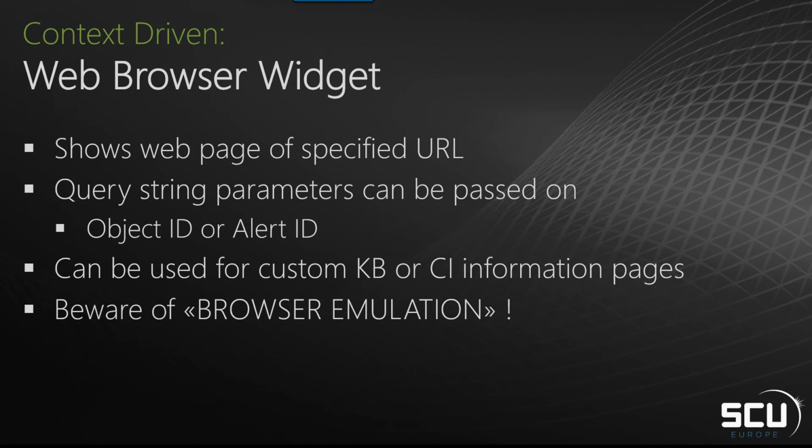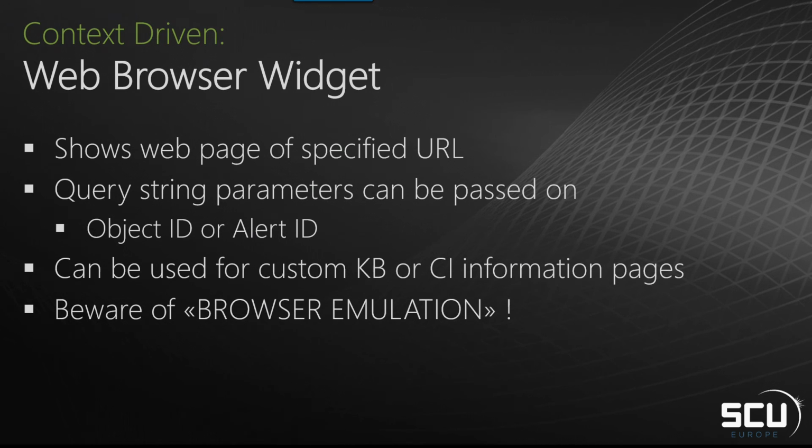But it was all very disconnected from the console. It was using a console task, and it was externally in the external browser. You could do that now embedded in the Ops console. You can do it now by clicking on an alert. You see in the dashboard widget underneath your company knowledge based on the alert ID or the object ID, for example.